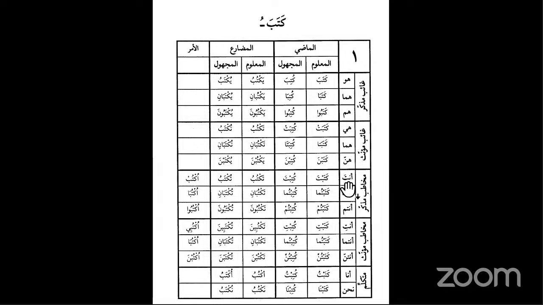Then you have anta, which means you, antuma, you both, antum, you all. Anti, you one female, antuma, you both females, antunna, you all. Ana is I, nahnu is we. These are the detached pronouns which normally come by themselves. They don't come with a verb. But the alif, the waw, as I explained earlier, are the pronouns with the verb which represent the different formations and the different individuals.